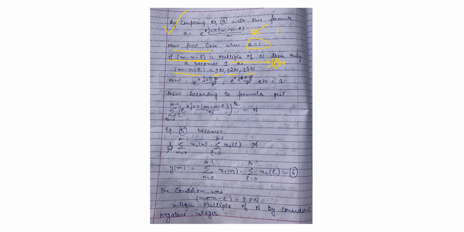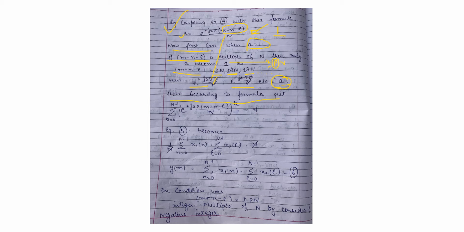Let's suppose when m minus n minus L is equal to N, then e raised to power j 2 pi N upon N, N and N cancel. So e raised to power j 2 pi is equal to 1. Means when this will be equal to plus minus N, then a will be equal to 1. When m minus n minus L is equal to 2N, then also this is equal to 1. So at any such value this part will always equal 1.